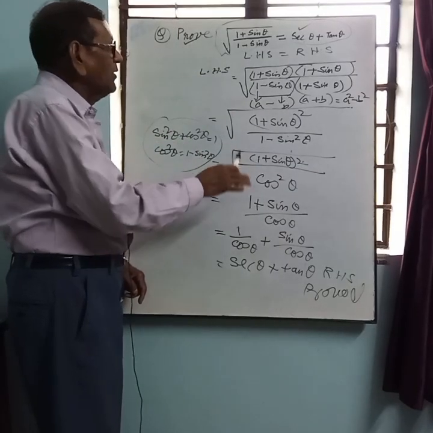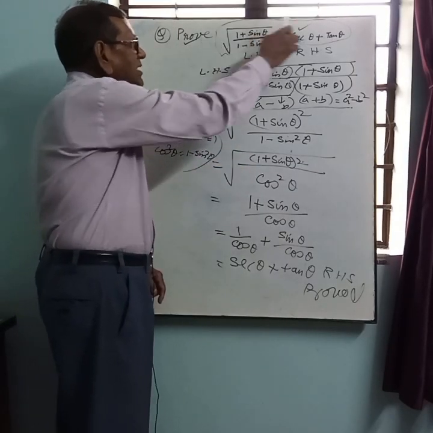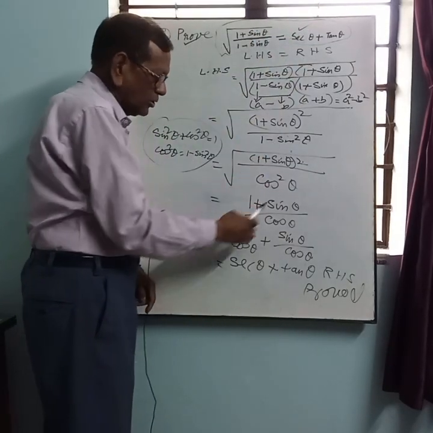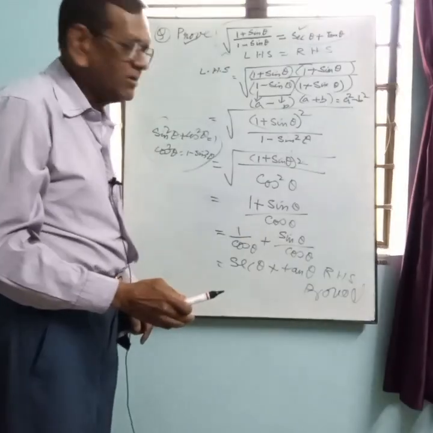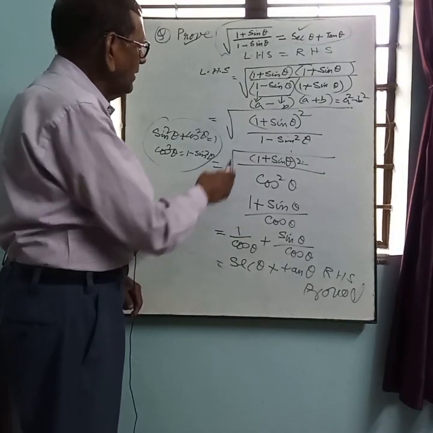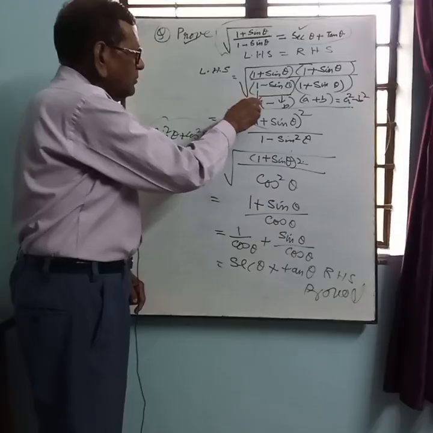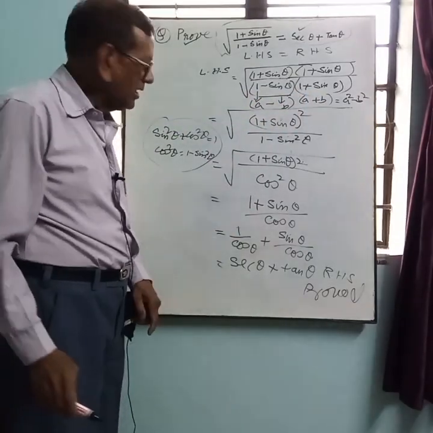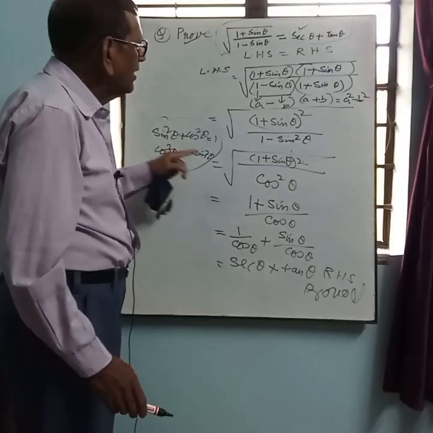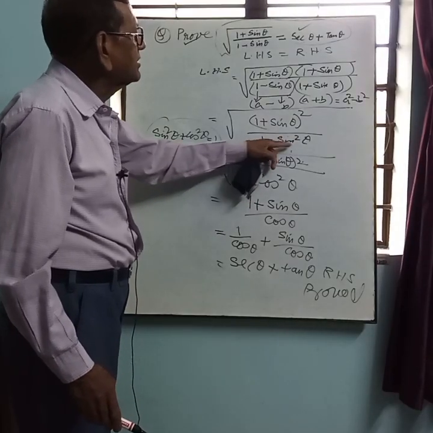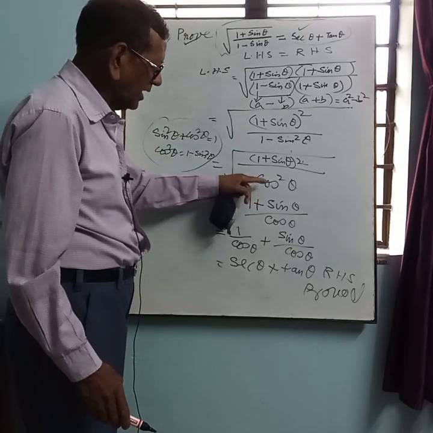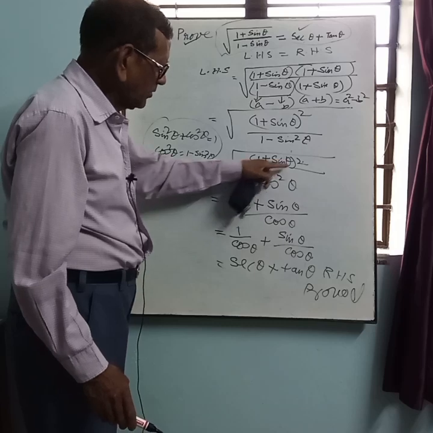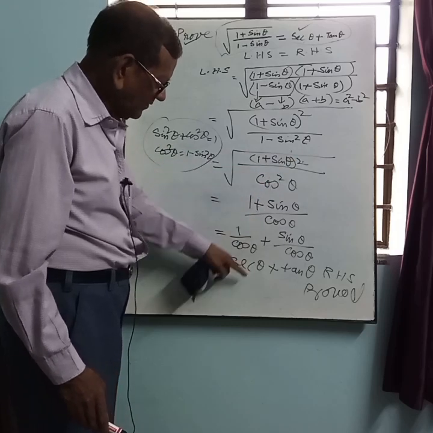So in proving, we have to bring this into the form of this by some trigonometrical relationships and formulas. First of all, mathematical rationalization has been used. This is a plus b, a minus b, a square minus b square. Then this formula will give you 1 minus sin square is equal to cos square. Within this square root, these two will cancel and then divide both.